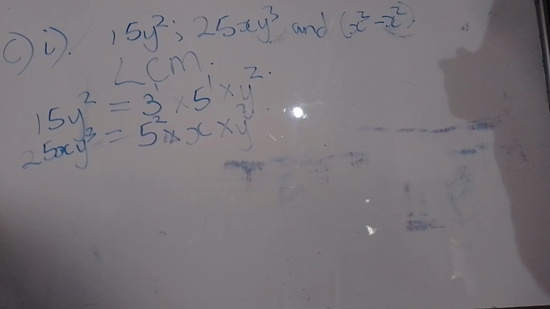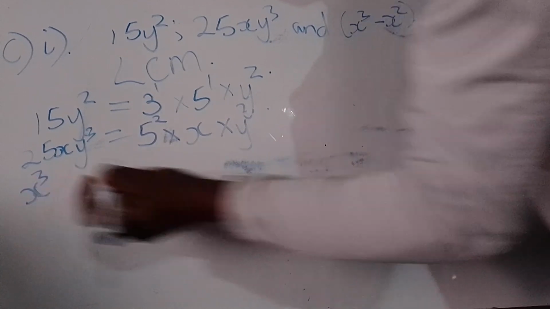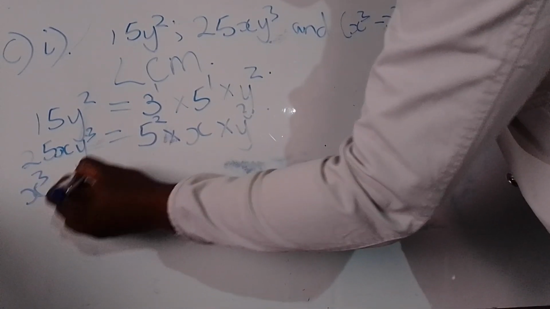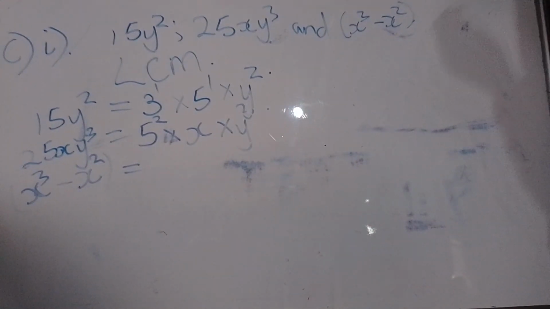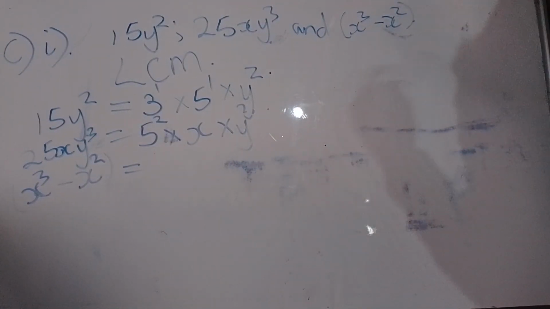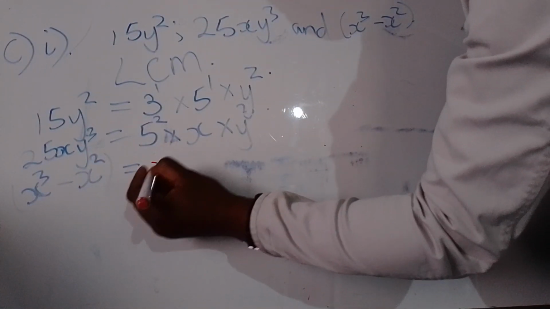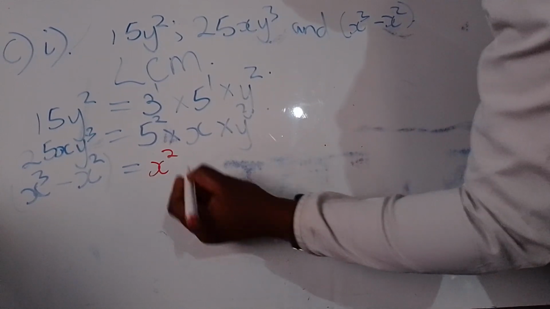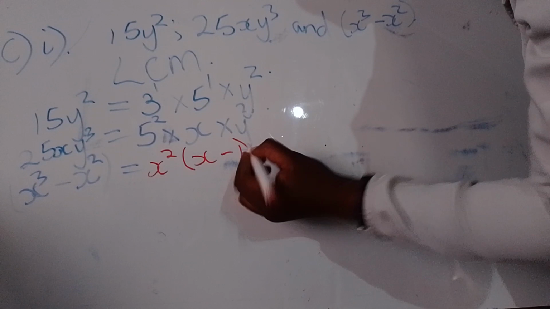Then we have x cubed minus x squared. Sorry, I'm going to use a red marker there. This is equal to x squared multiplying x minus 1.